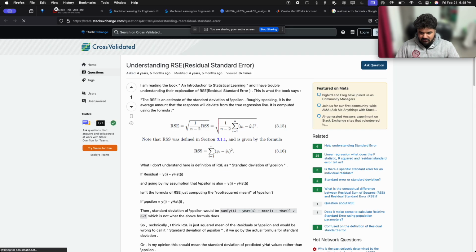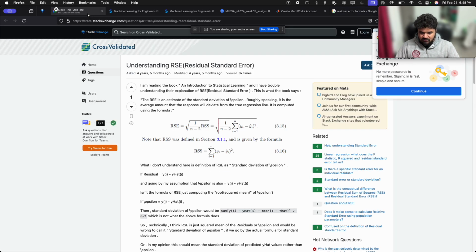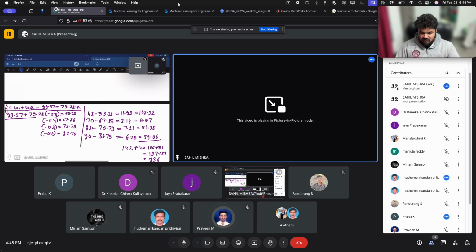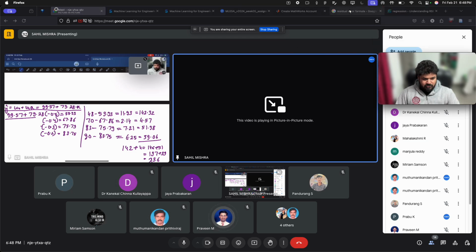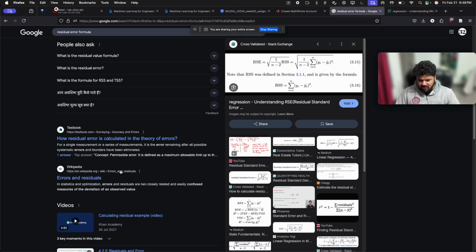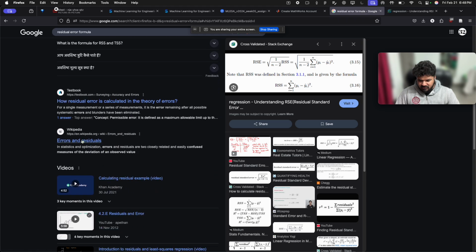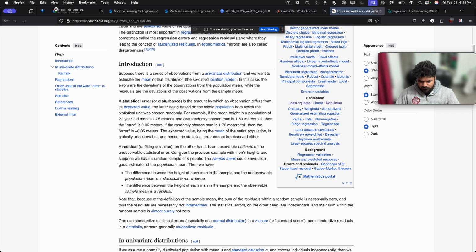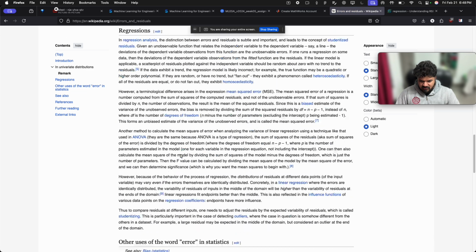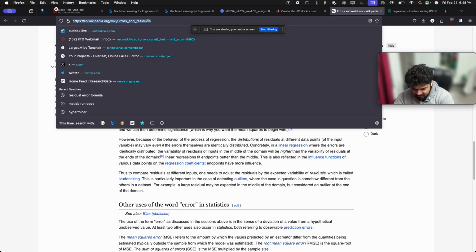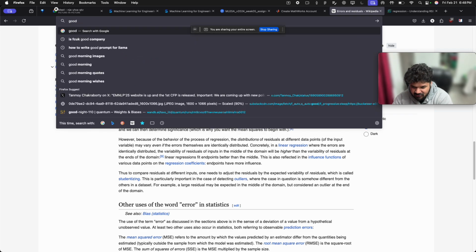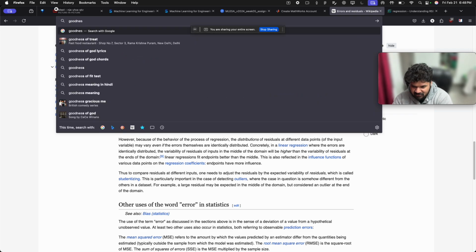Is my PC screen visible? Let me see the visual formulas. Goodness of fit, that is R square. Yes.